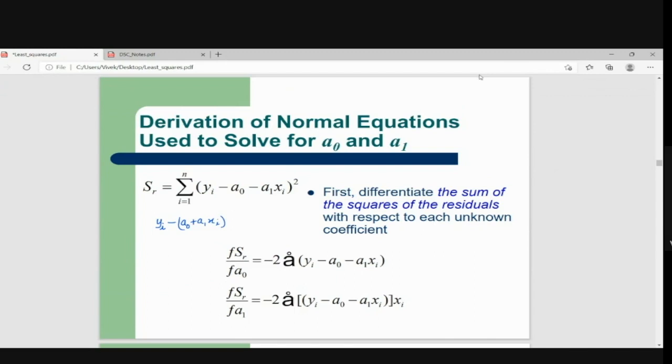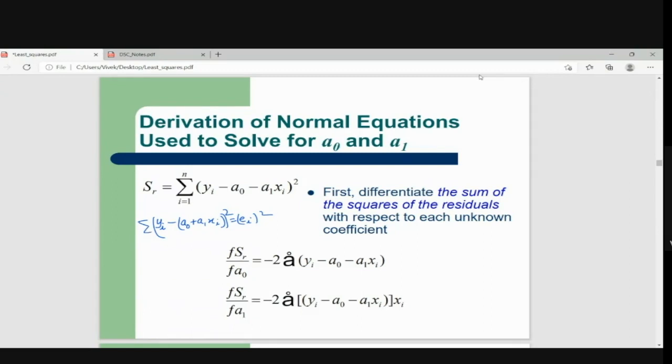This basically becomes the error, ei. Now I am taking the square of this error, and then adding all these errors together.